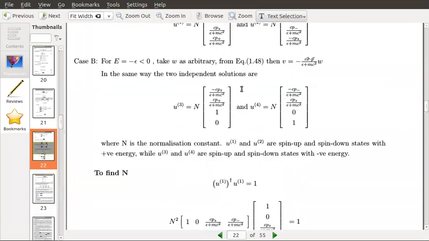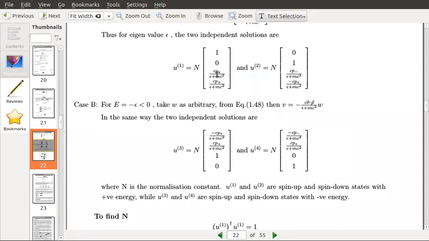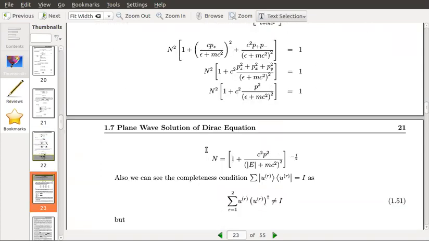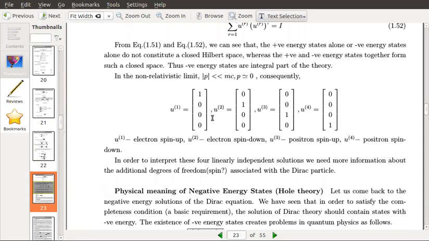Okay, then these four equations, p is 0 means p_z is 0, p plus is 0, p minus is 0, p_z is 0. So 1 0 0 0, 0 1 0 0, 0 0 1 0, 0 0 0 1. The four components become like this. You go back to the non-relativistic condition, very small speeds, then u1, u2, u3, u4 can be written like this.